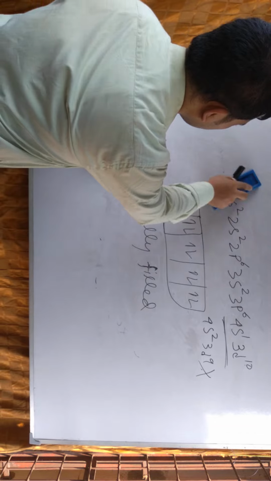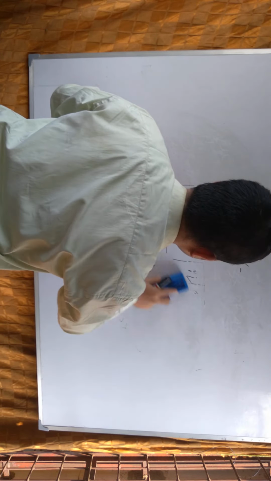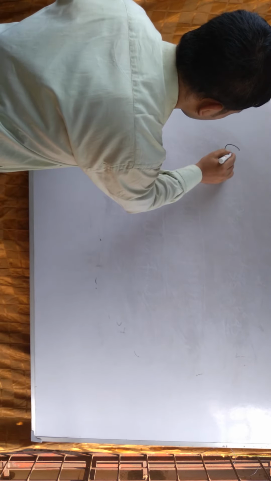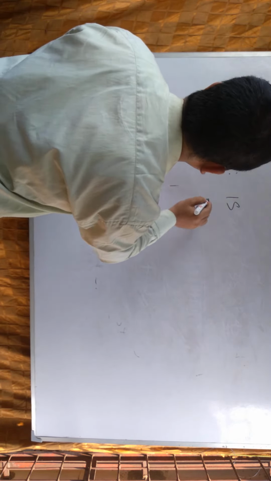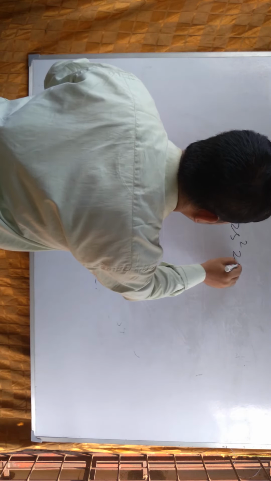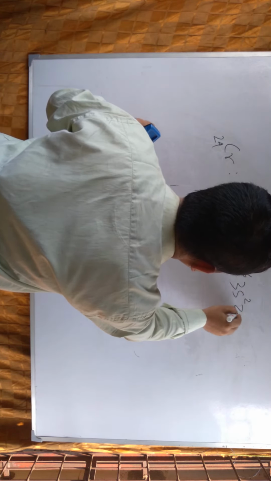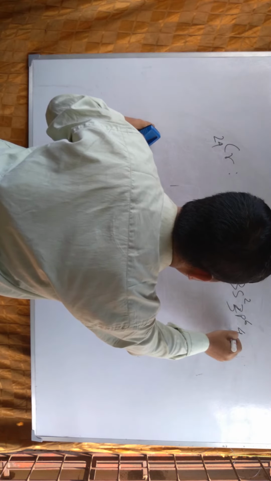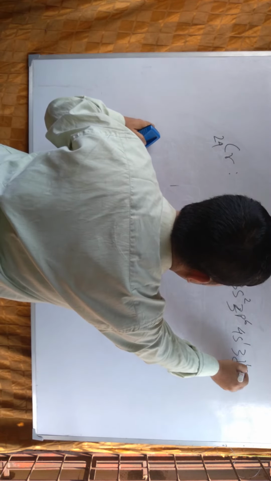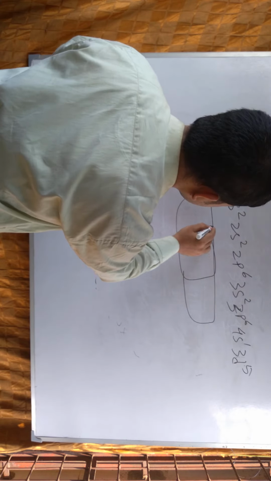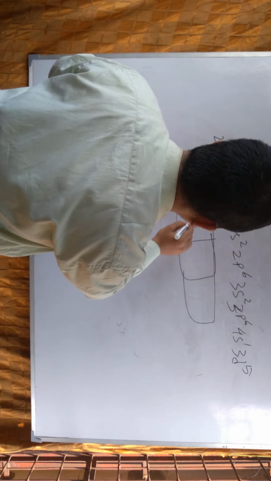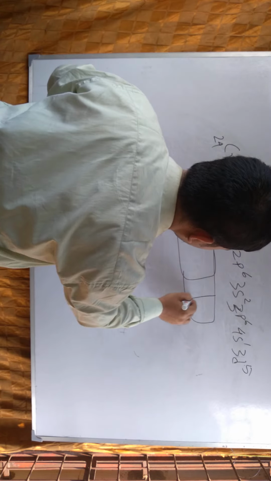Another very important example is chromium. Cr has atomic number 24: 1s2, 2s2, 2p6, 3s2, 3p6, 4s1 and 3d5. Here d5, 1 2 3 4 5.